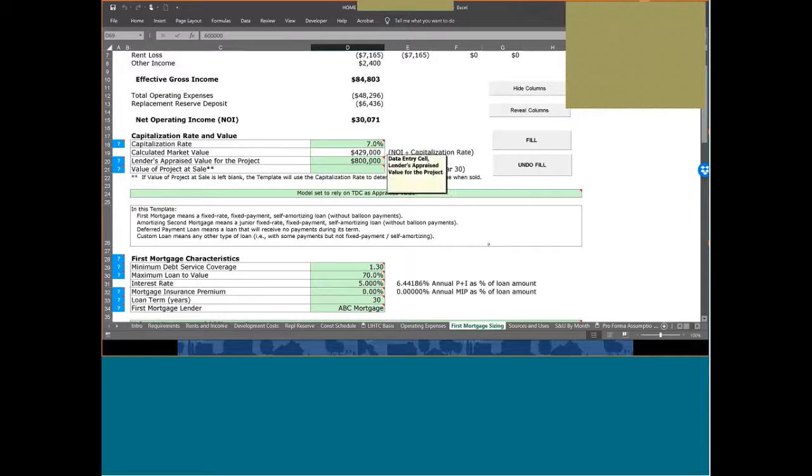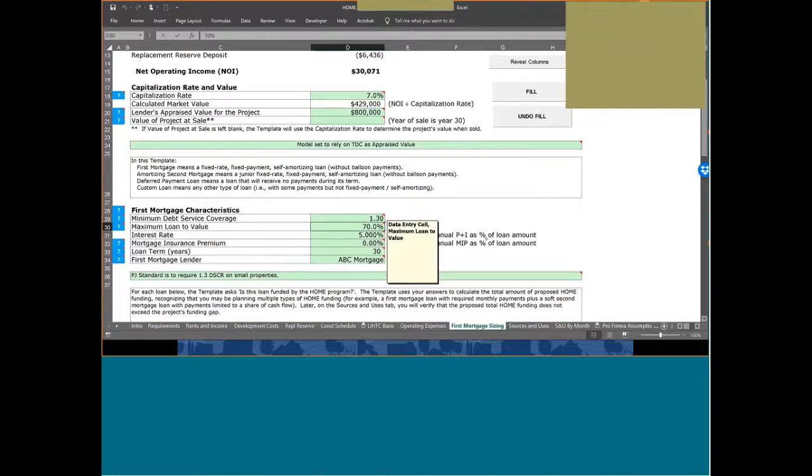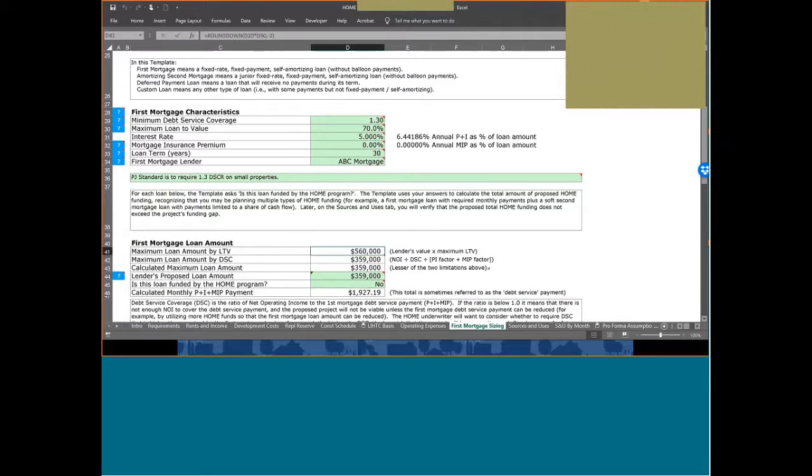In this particular case, the lender is saying that this property, after it's built, is going to be worth $800,000. And the lender is saying that they're not going to loan more than 70% of that amount to give them a cushion between the loan and the value. That amount is $560,000. So that's one of our bogeys.